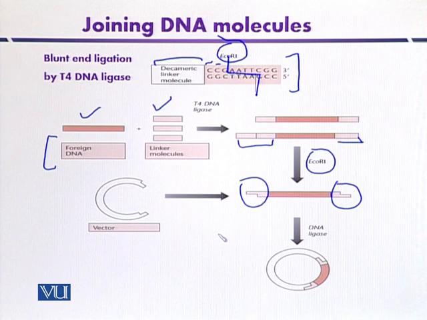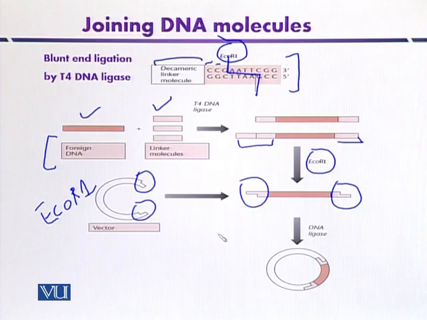Now the vector is also digested with the same enzyme, EcoR1, so that we get the same cohesive ends that contain AATT. When they are mixed together, we get a recombinant molecule, and DNA ligase can bridge the gaps between the two strands.